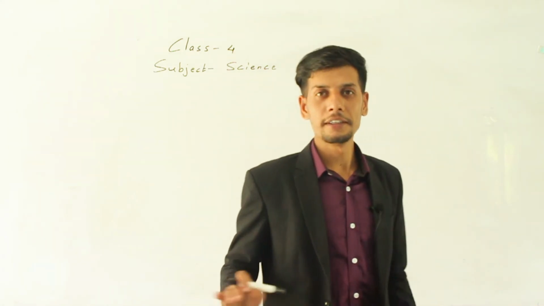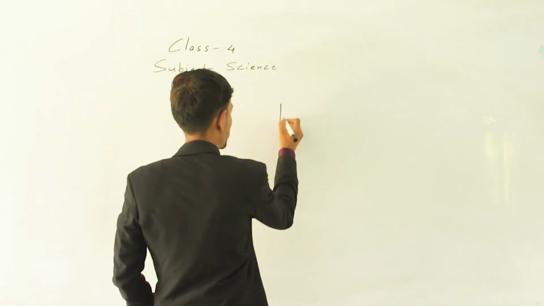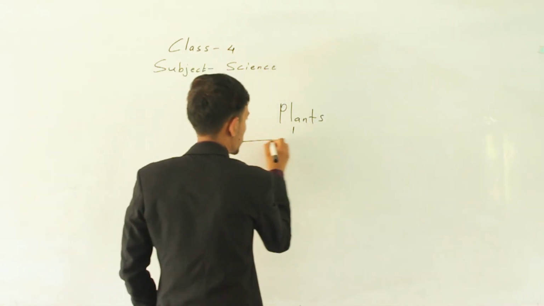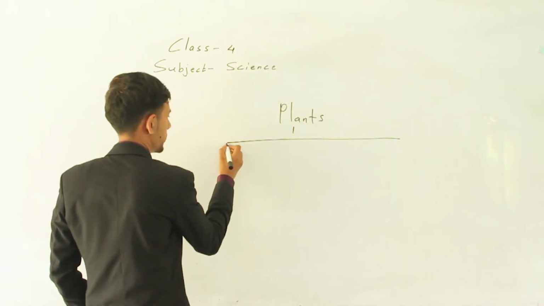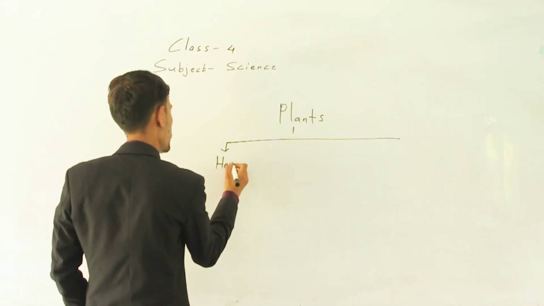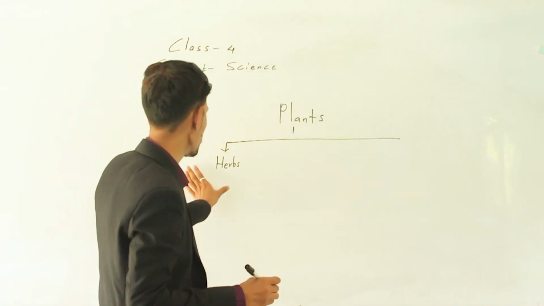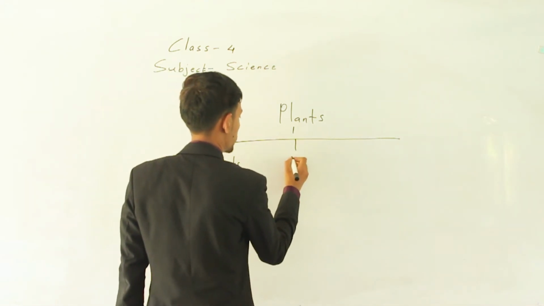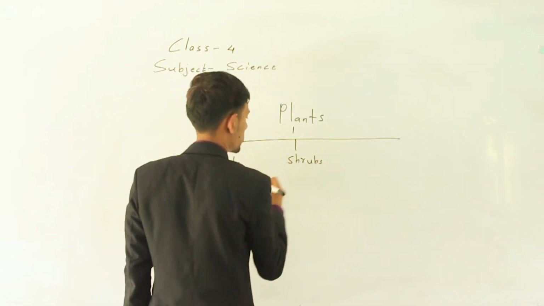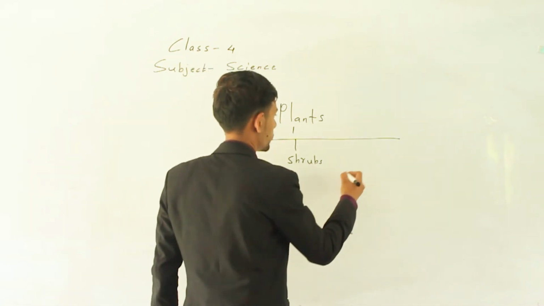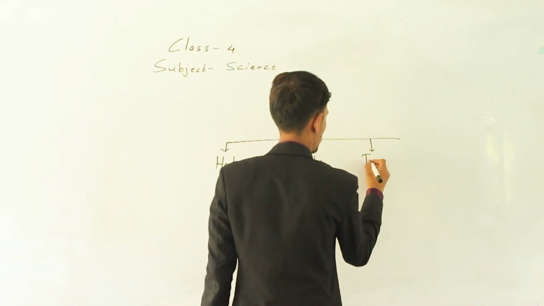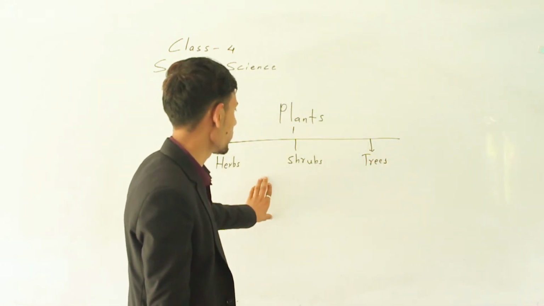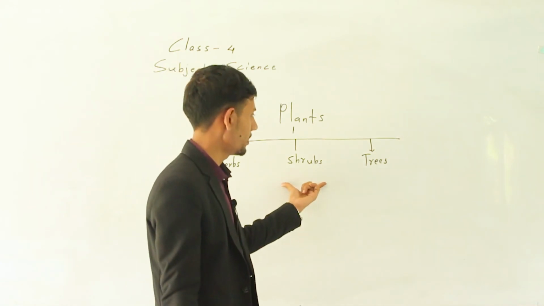Let me classify plants. Plants are firstly herbs, shrubs, and trees.